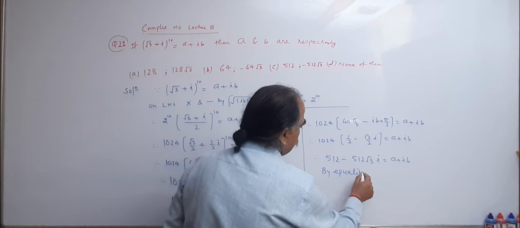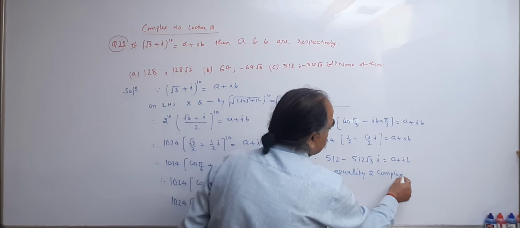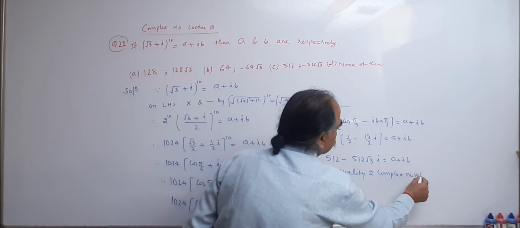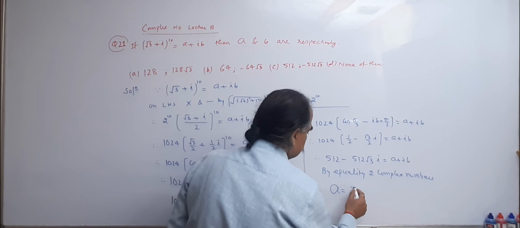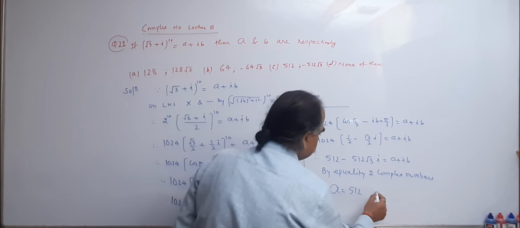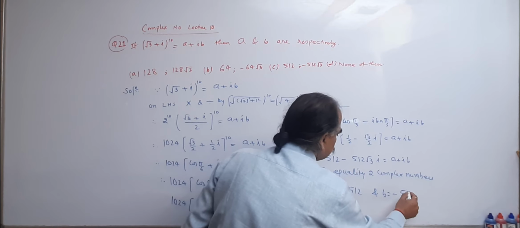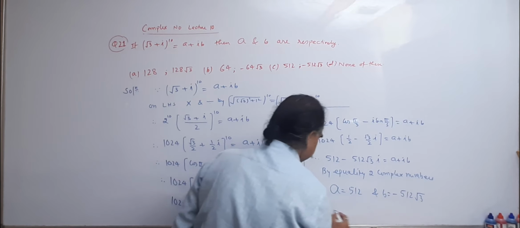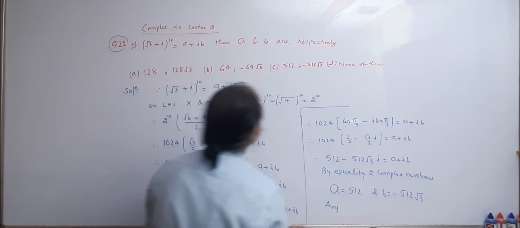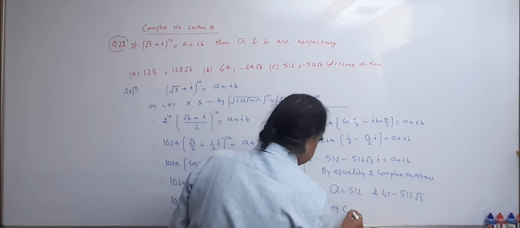By equality of two complex numbers, a is 512 and b is minus 512 root 3. 512 and minus 512 root 3, that is option C.